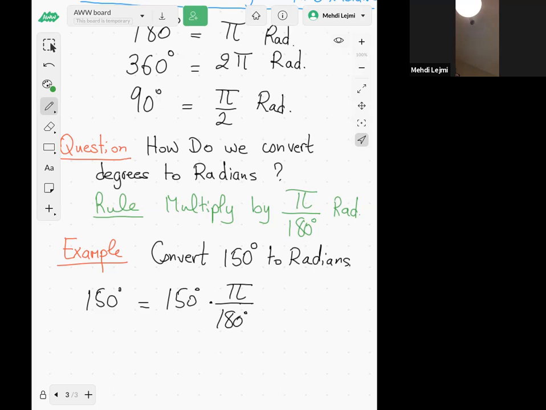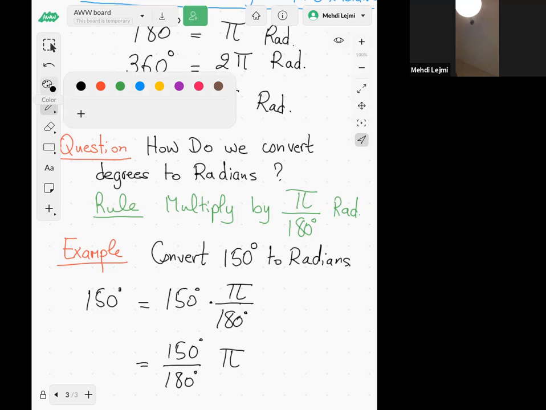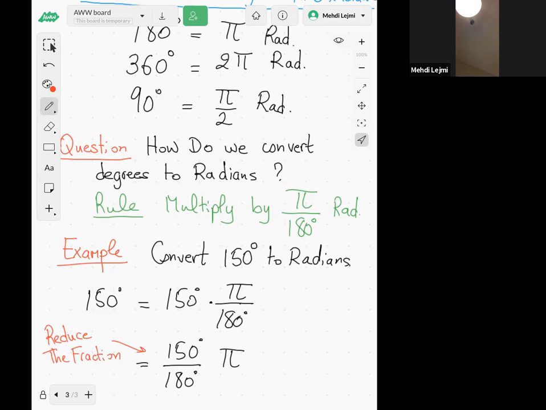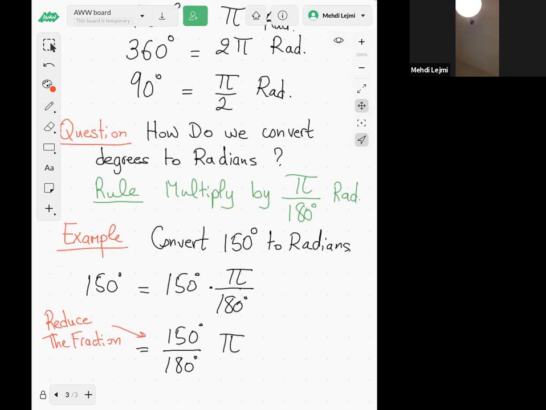So this is now 150 over 180 times pi. Then you have to reduce this fraction.